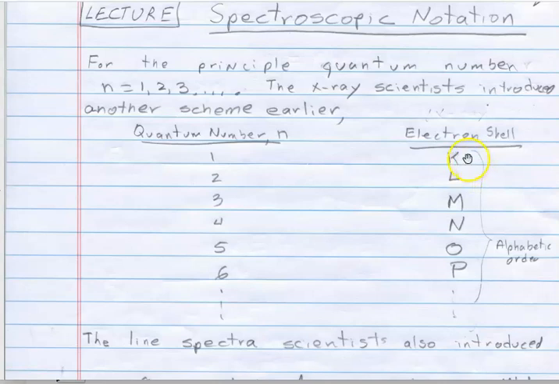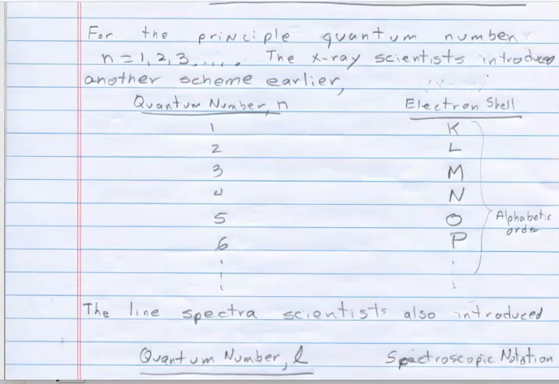Just to be on the safe side, they left A through J available in case they ever discovered some lower energy states closer to the nucleus. So that's the reason for starting at K. In any event, you'll hear people talk about K shell and L shell electrons, particularly in X-ray spectroscopy.